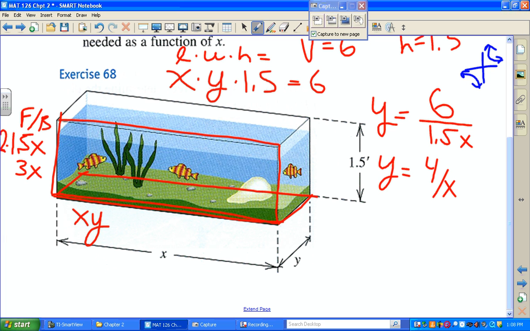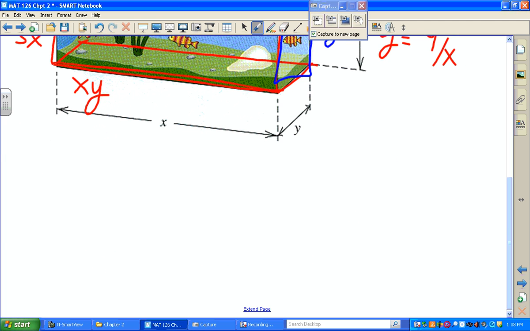So I got the front, I got the back, I got the bottom. And what do I need? Oh, yeah, you said 3y, because there are two of them, 1.5y for the sides, left and right side. Oh, now you add them all up, right?